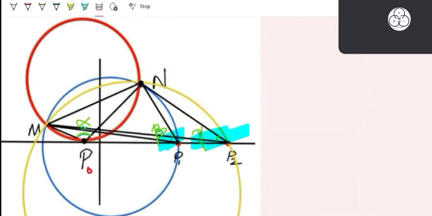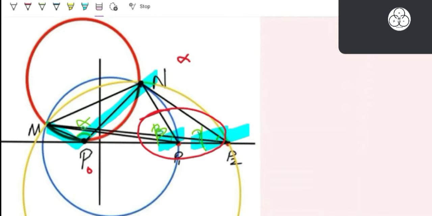So it is quite obvious that the angle subtended on the major arc is an acute angle. So the only obtuse angle here is MP0N. Obviously alpha is greater than beta and gamma, and that's the first conclusion we are drawing.